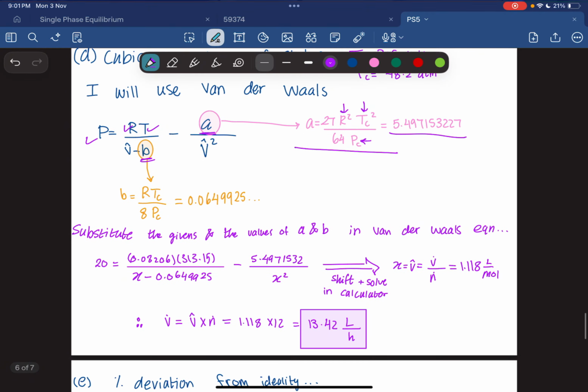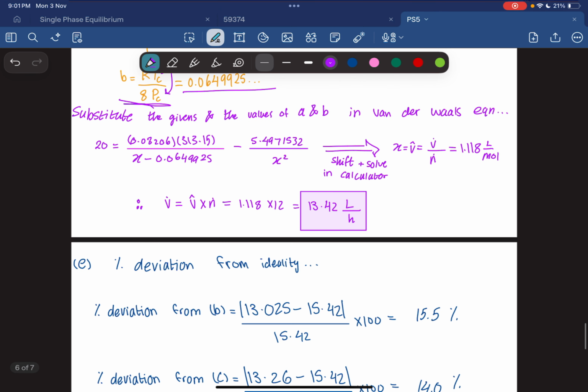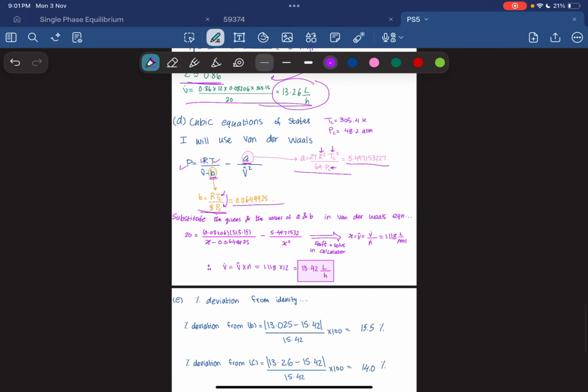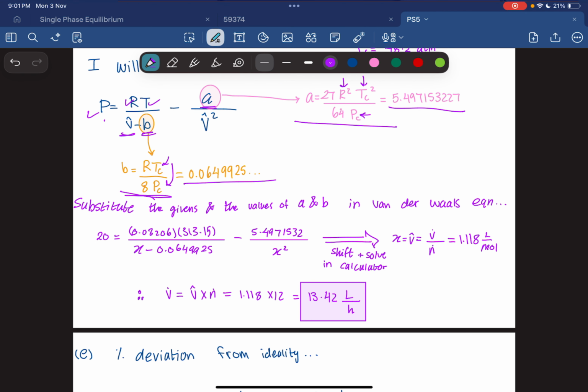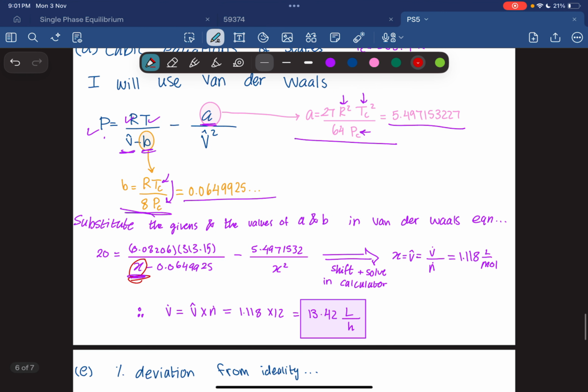And for B, the same thing. You have this equation for B. You will just substitute in the value for the critical temperature and the critical pressure, and you will arrive at a value of 0.064 for B. And then you will substitute the givens and the values that you just calculated of A and B. And as we did before, for the molar volume, I just substituted X here because I wanted to use the calculator.